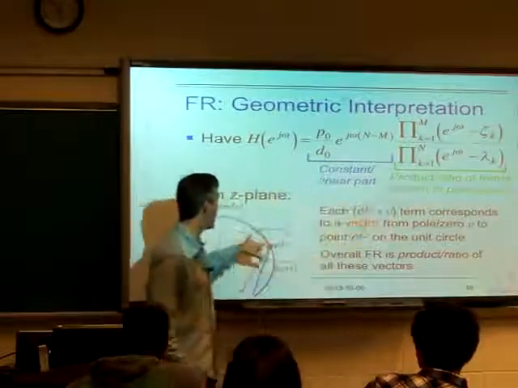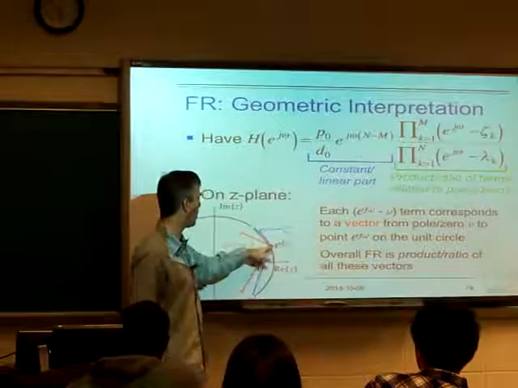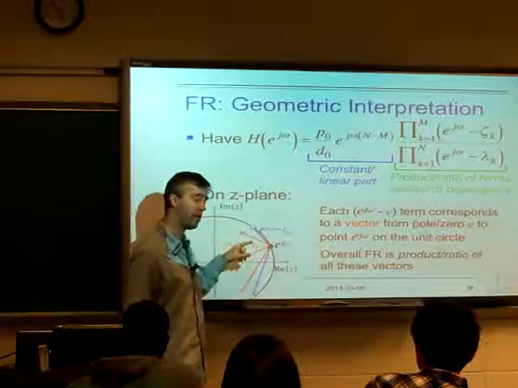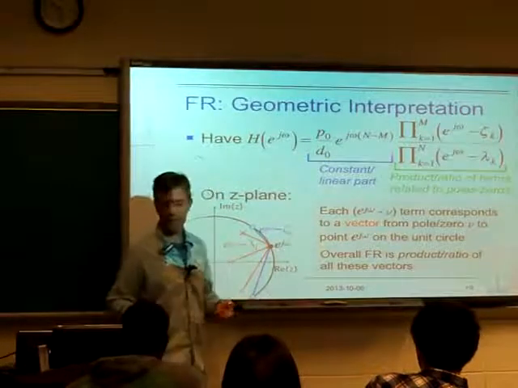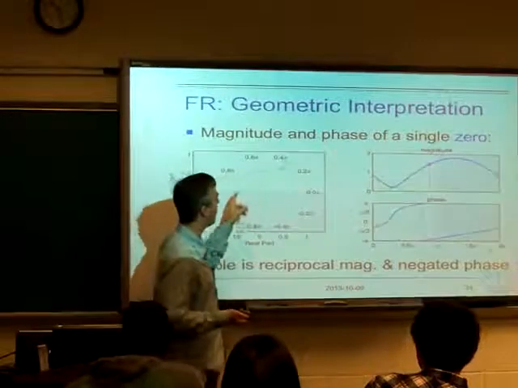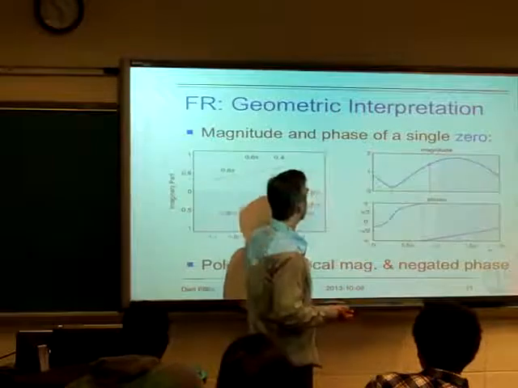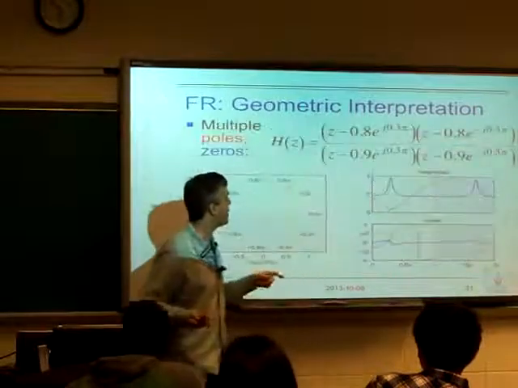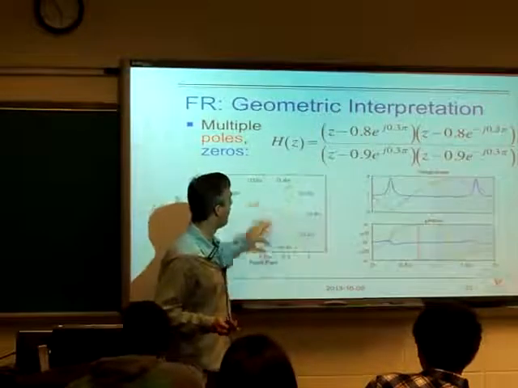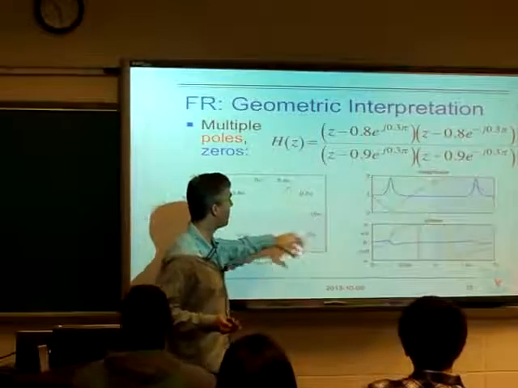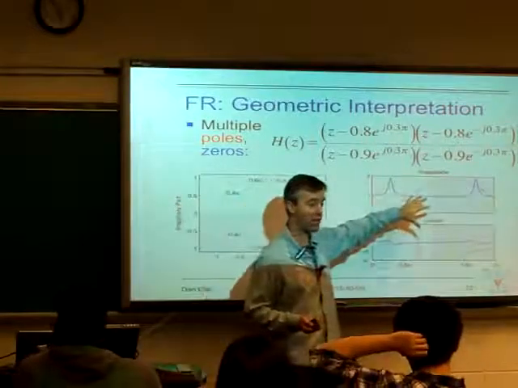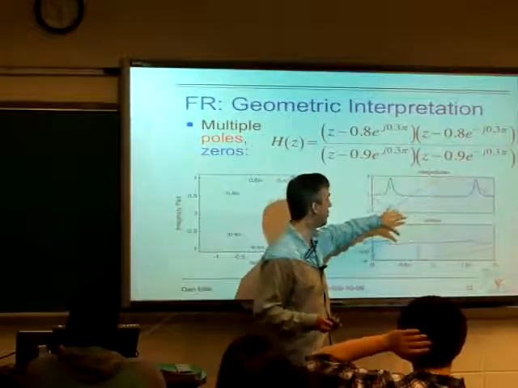You can interpret those as vectors between the point on the unit circle and each of the poles and zeros. And so you get these effects where you can think about the influence on the magnitude response of individual poles and zeros. Then you can understand the overall behavior of some system with some set of poles and zeros as the combination of the influences of the individual poles.